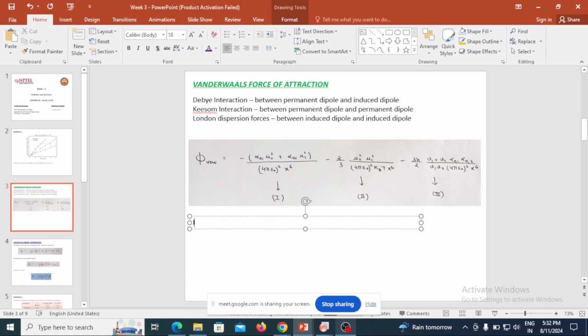So the first one belongs to the Debye interactions, and then the second one goes for the Keystone interactions, and then the third one goes to the London dispersion forces.